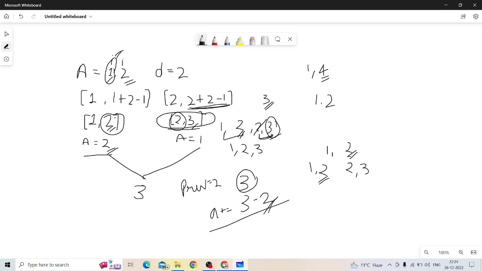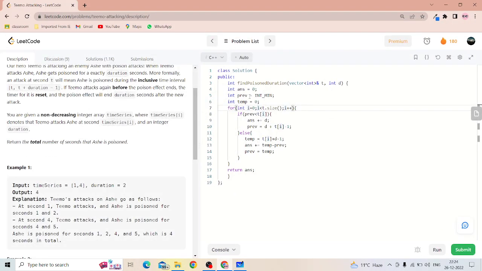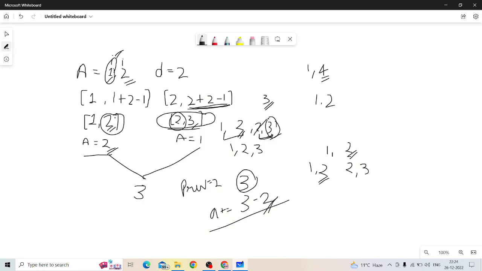So we have taken previous as int min, because we have given this condition: if this previous is less than this array number, then we have to add them simply.